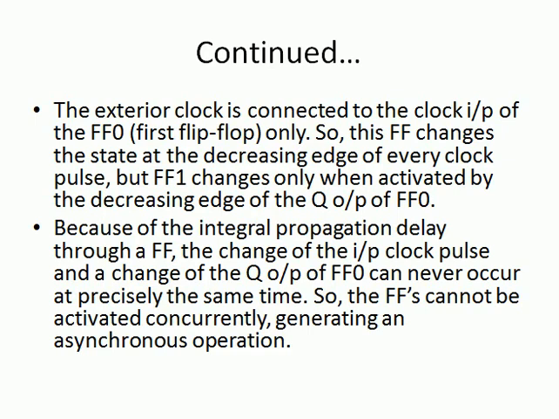Because of the inherent propagation delay through a flip-flop, the change of the input clock pulse and the change of the Q output of FF0 can never occur at precisely the same time. So both flip-flops cannot be activated concurrently, generating an asynchronous operation. That is the drawback here.